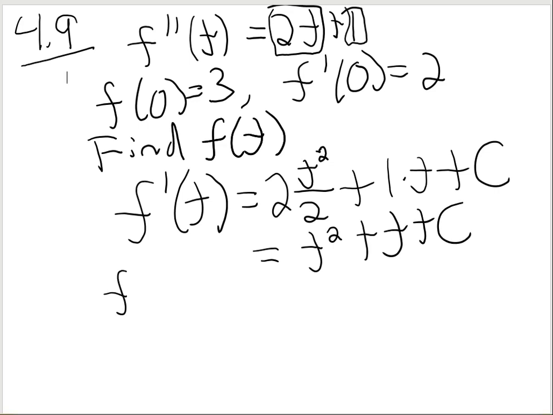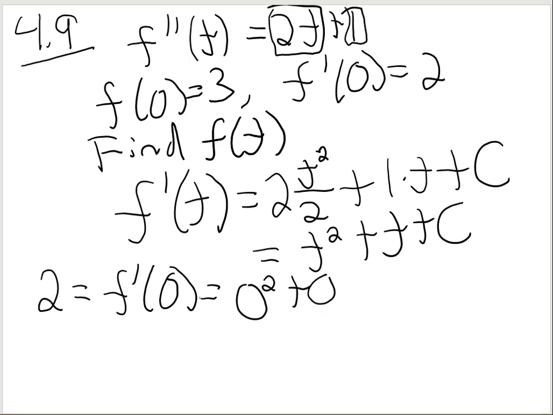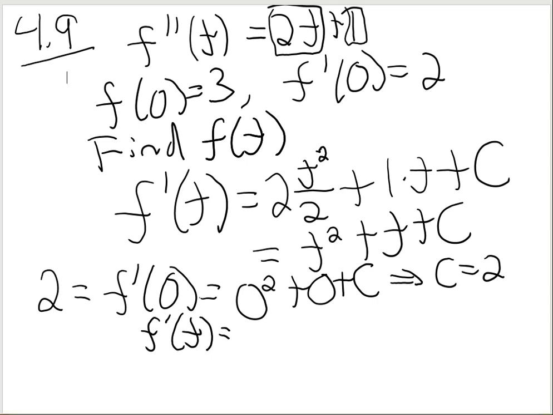So then we can use the condition that f prime of 0 is 2 to give us 0 squared plus 0 plus c equals 2. That is, c equals 2. So our derivative that we have here now is t squared plus t plus 2. So let's clear some space.